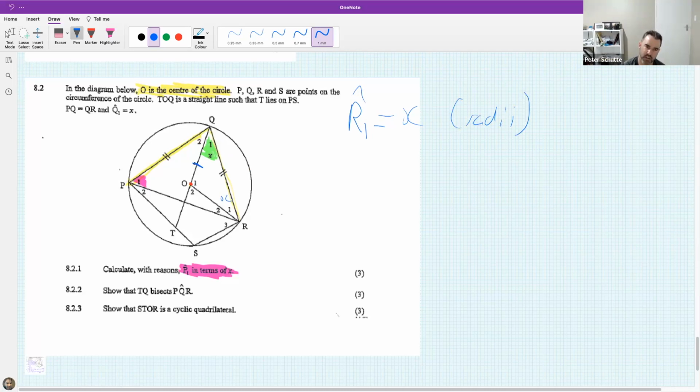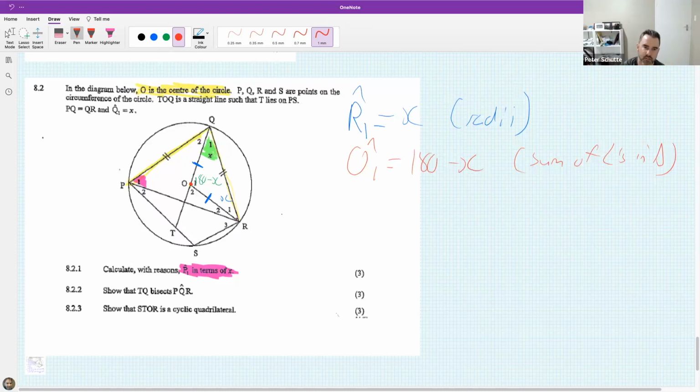So this one over here is equal to this one over here. Then O1 is going to be equal to 180 minus x by sum of angles in triangle. So this would be 180 minus x.